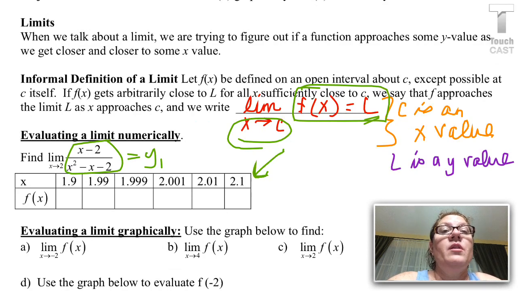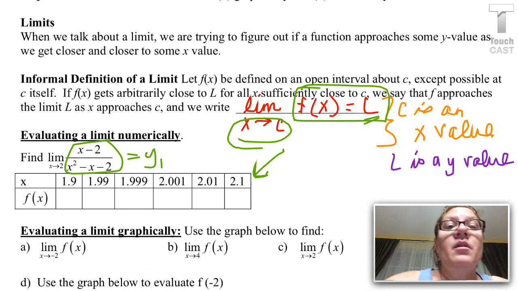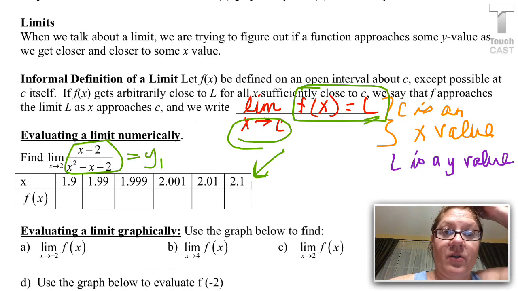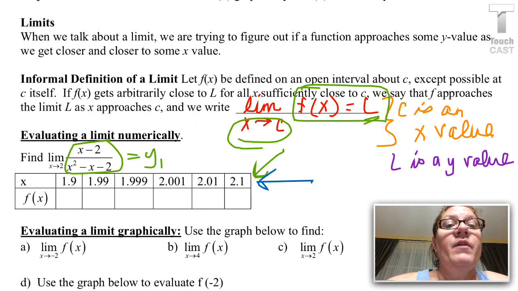After you get that into y equals, you're going to go to your table set, which is second window, and select for the independent variable to say ask, not auto. It's probably on auto right now. And then when you go to the table, there won't be anything in the table, but you can type stuff into the X column. So you can specifically type these numbers that you see in the table right now, and then all you have to do is fill in the Y value for them.